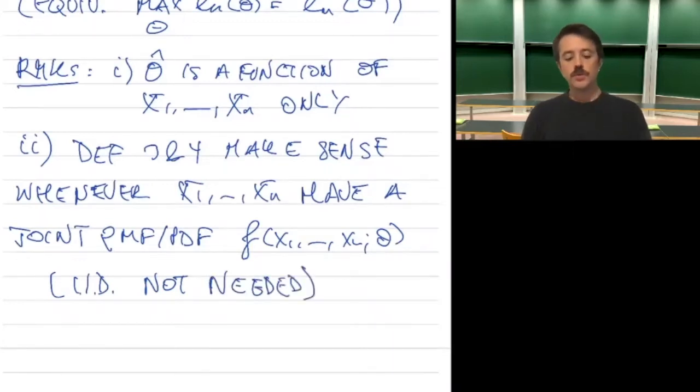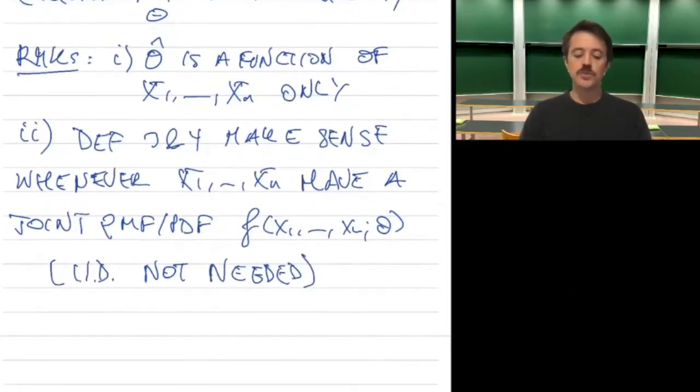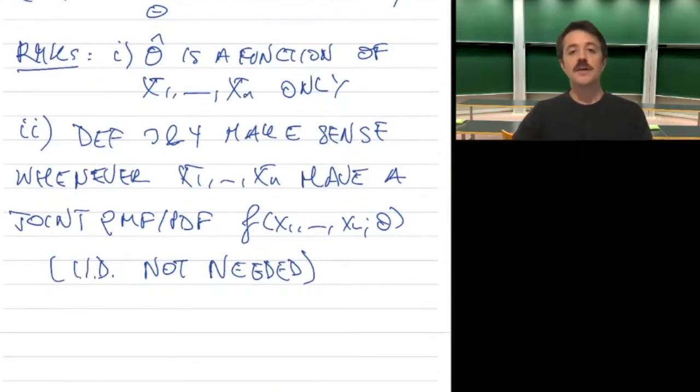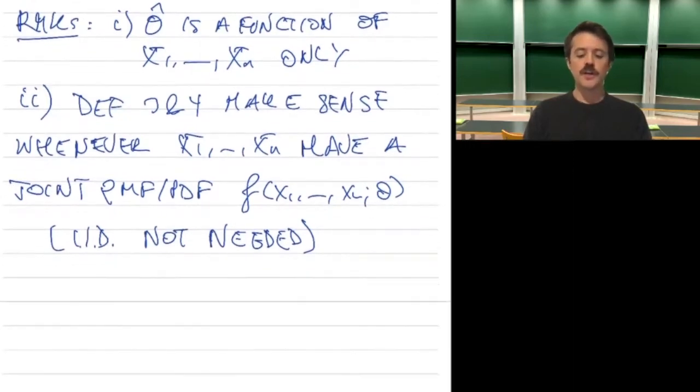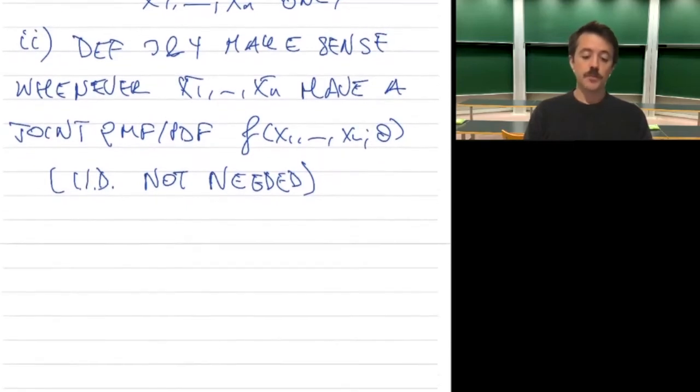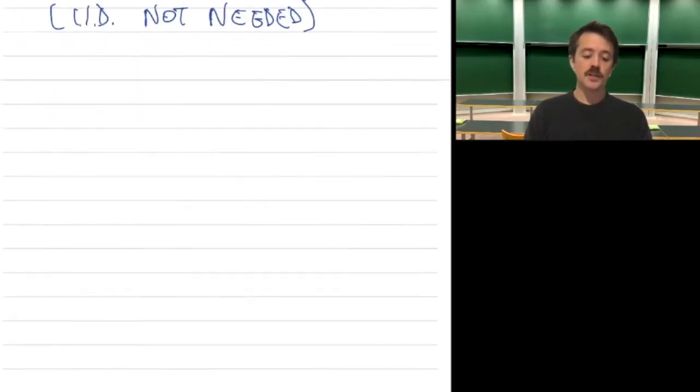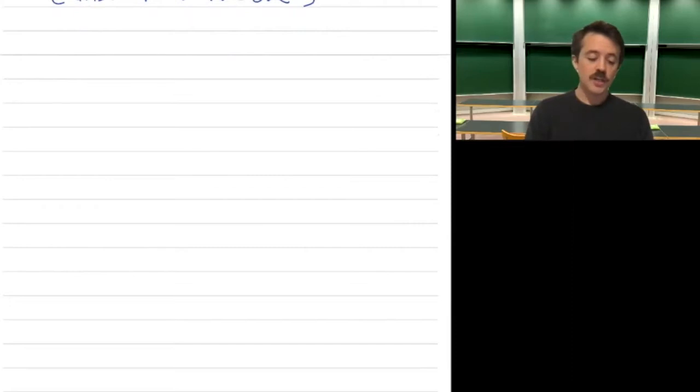Maybe it's a good point to give a few examples. I remind you that we already spoke about the Poisson statistical model, and another prototype of model is the normal statistical model.